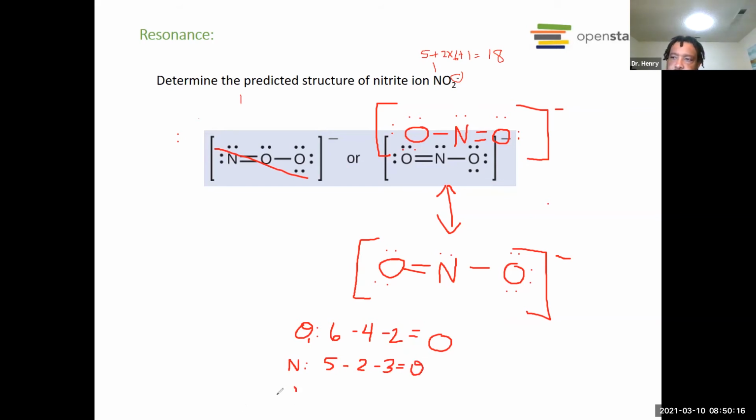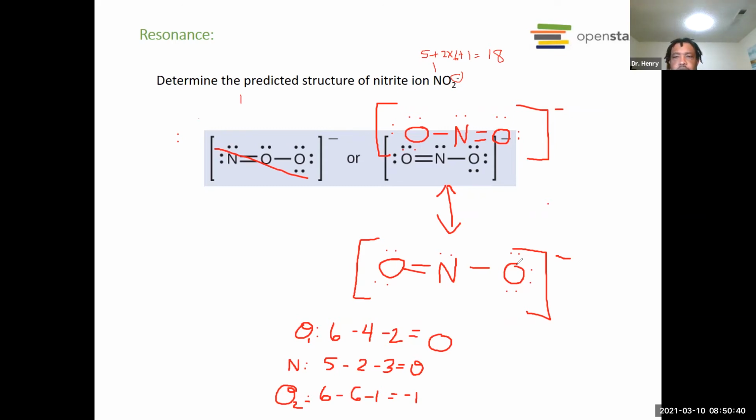And then we have the oxygen on the other side: 6 minus 6 minus 1, so that would be a -1. If you add these all up together, they will equal the charge of that ion, right?